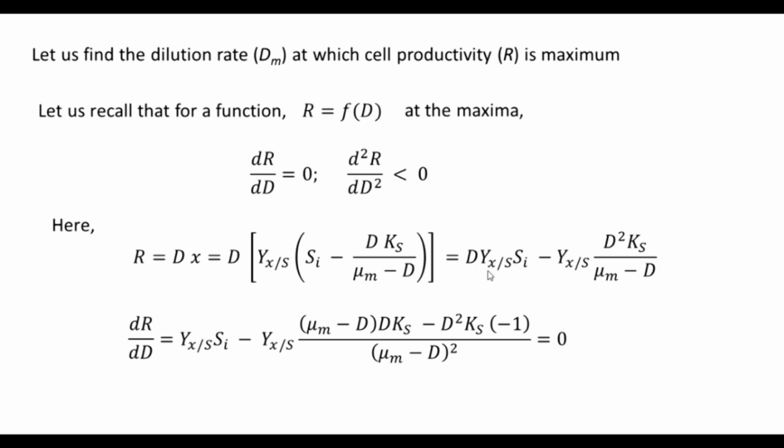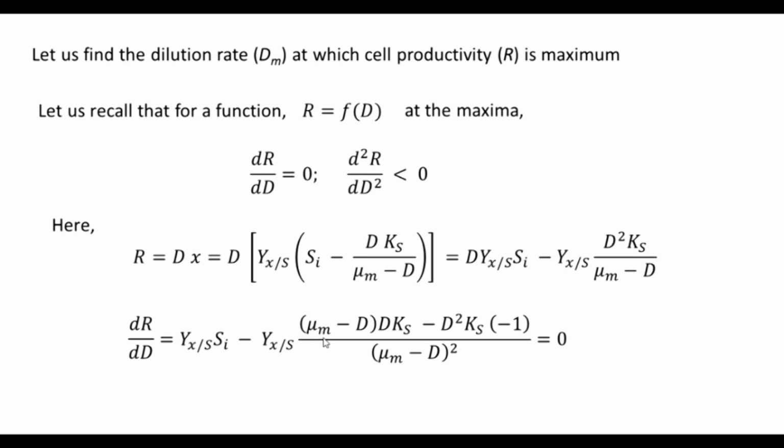The first term is quite straightforward: the D would drop out, Yxs Si remain, they are not functions of D. In the second term, you have a D in the numerator and in the denominator, and if you take Yxs common, you can use the a by b form: denominator into derivative of the numerator function minus the numerator into derivative of the denominator function, divided by the denominator function squared.